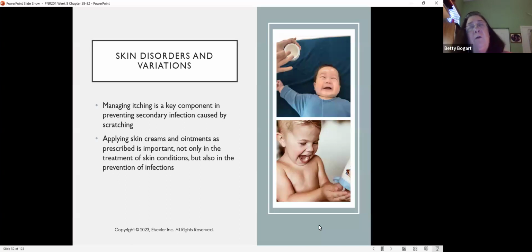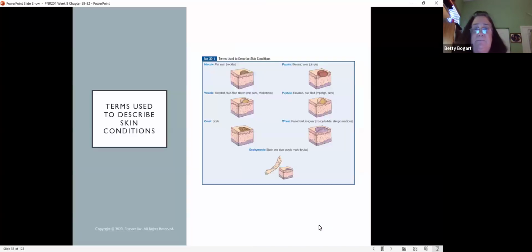Now, preventing the secondary infections, because you can get a skin infection that can go systemic and can make you very ill. So, managing the itching will prevent a secondary infection. Also, with skin disorders, keeping it moist, keeping it creamy, oily, keeping it soft, does help with many of these skin disorders.